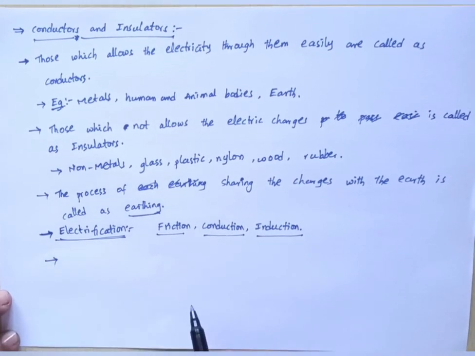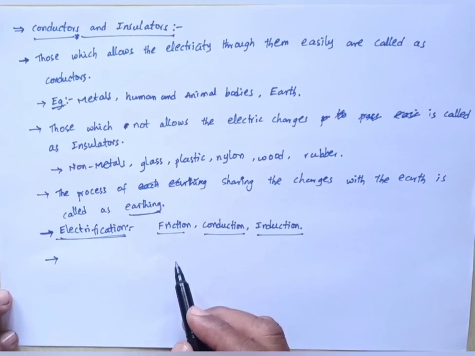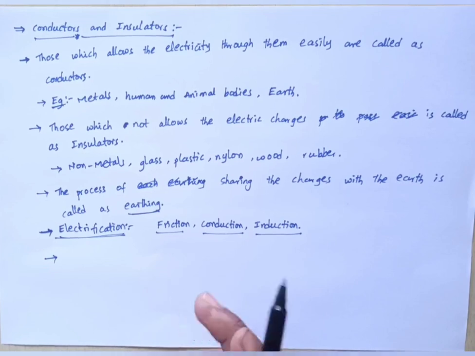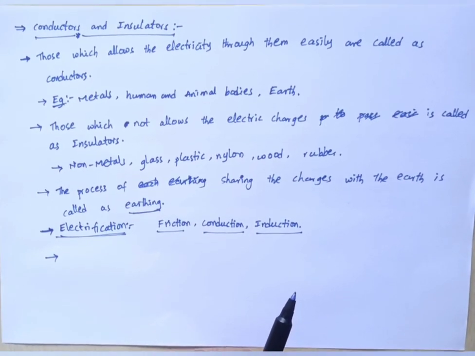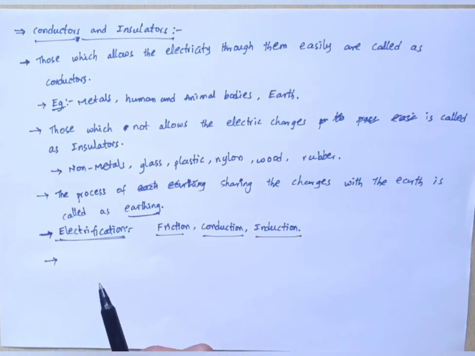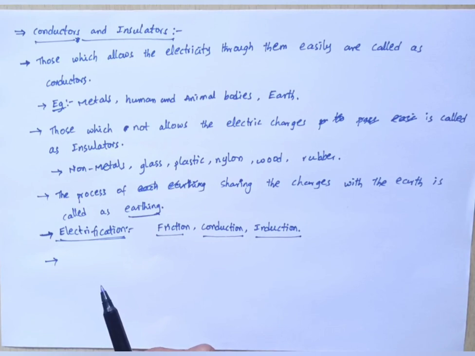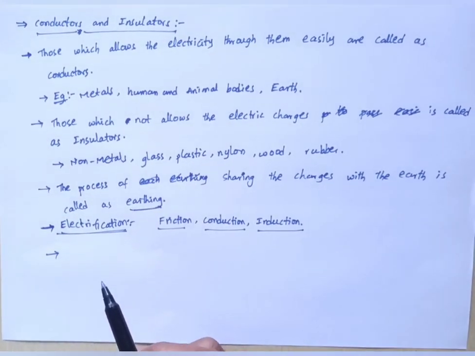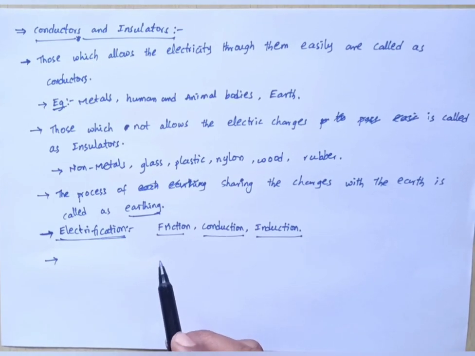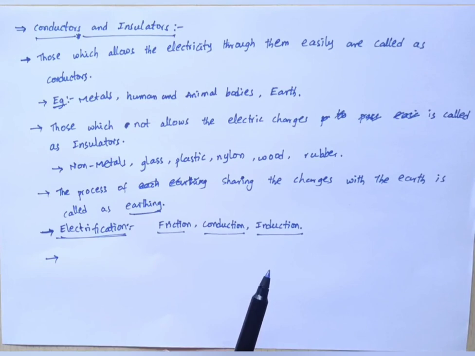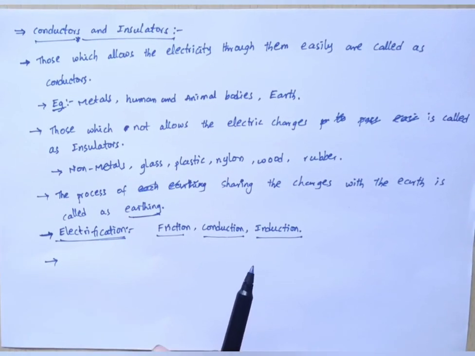So what is friction? When a plastic body is rubbed with a cat's fur, the plastic body becomes negatively charged and the cat's fur becomes positively charged. This is electrification. Rubbing with each other produces opposite charges on both sides.